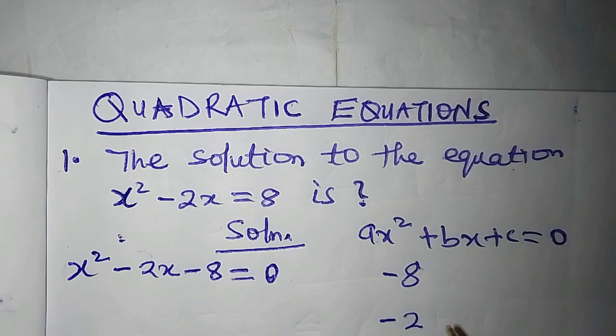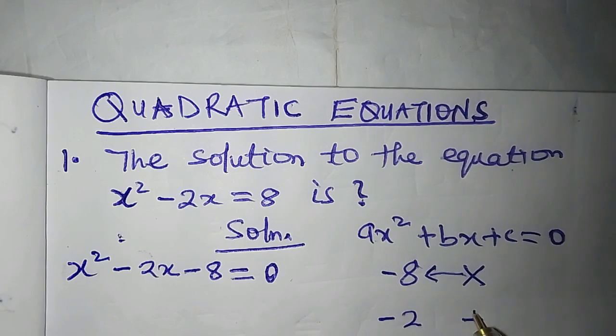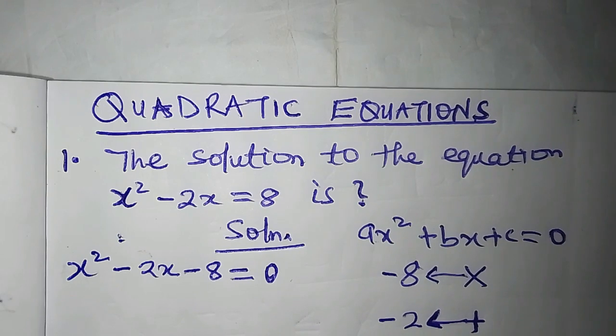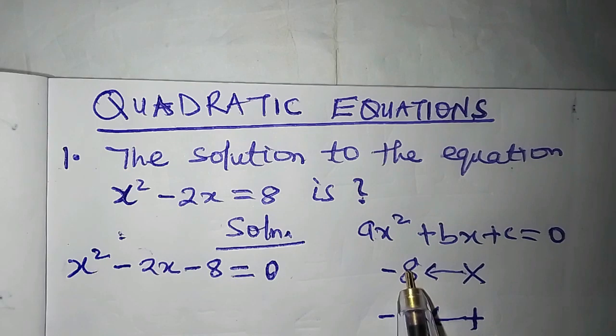So what I need now is two numbers such that when I multiply the two numbers, their product is equal to minus 8, and their sum is equal to minus 2. That is the point. So two numbers, when multiplied give minus 8, when added give minus 2.